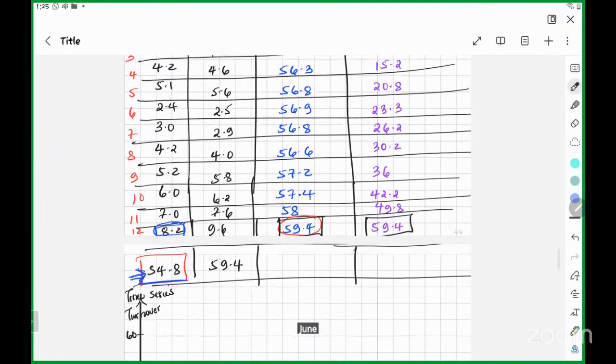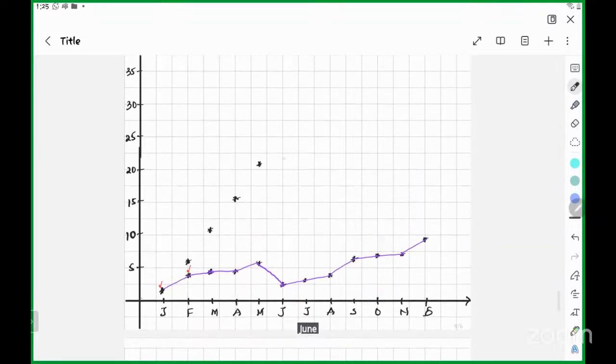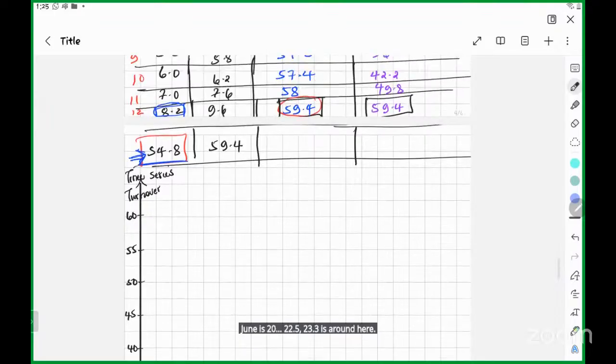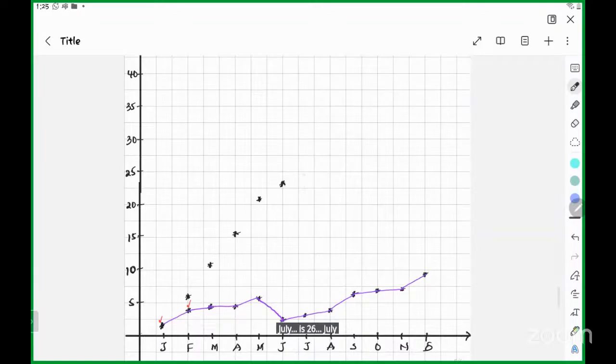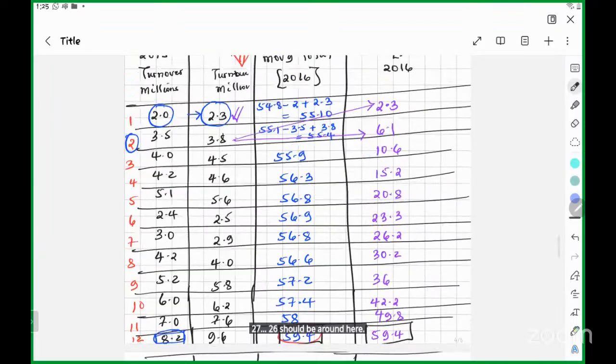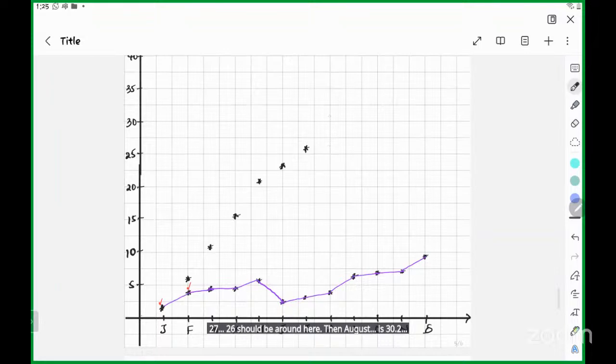June is 23.3, around here. July is 26, which should be around here. Then August is 30.2. 30.2 is around here.